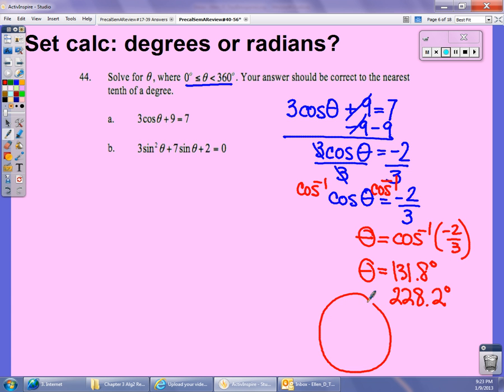And remember, that makes sense because cosine would have that value in both the second quadrant and in the third quadrant.